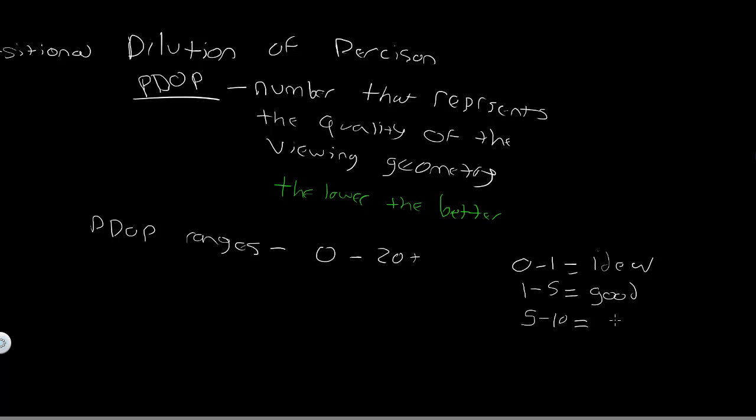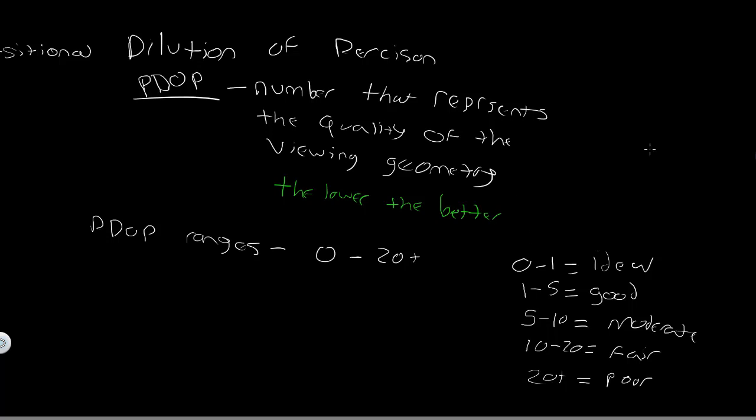This is considered moderate. After 10, you really want to be a little more careful. 10 to 20 we would consider fair, and 20 plus is considered poor.